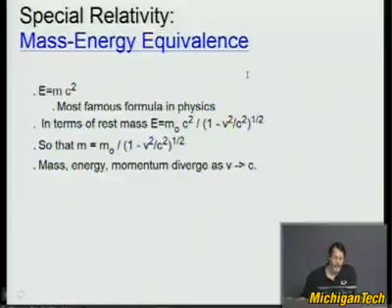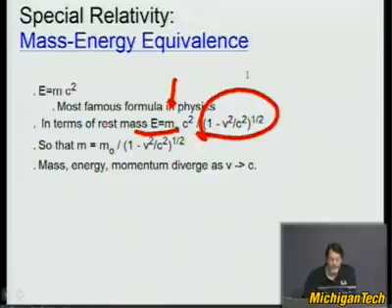So let's now jump to the most famous equation in all of physics, E equals mc squared. This is really interesting because it turns out that in terms of rest mass, E is equal to mc squared, where m is the mass in your frame, and you get this strange thing, the square root of 1 minus v squared over c squared, which when v becomes equal to c, when some small object begins moving really, really fast near light speed, that object, assuming it had mass, its mass becomes much, much larger.